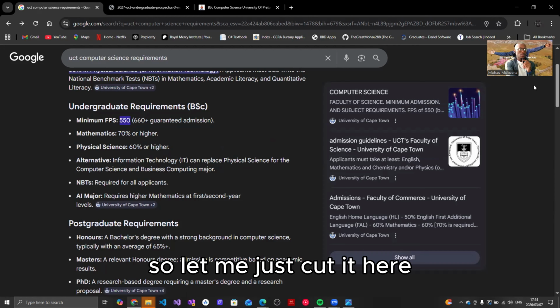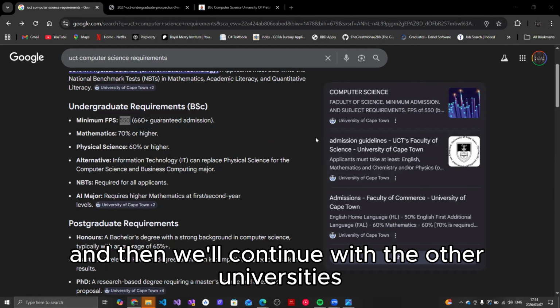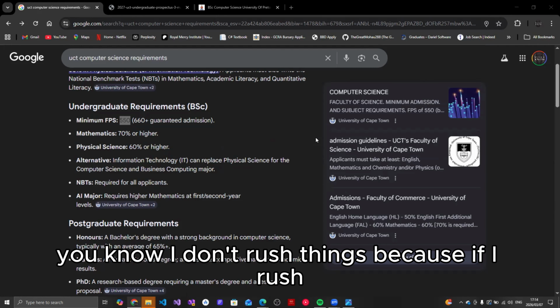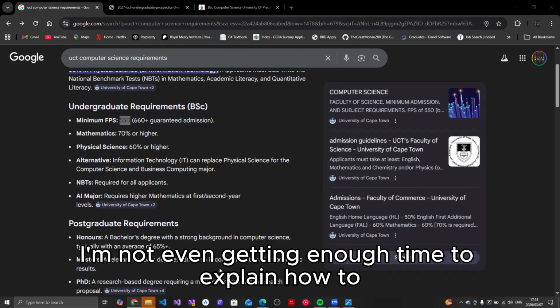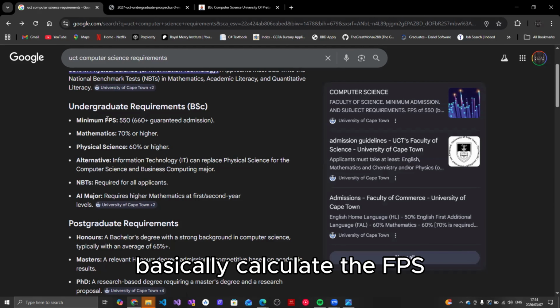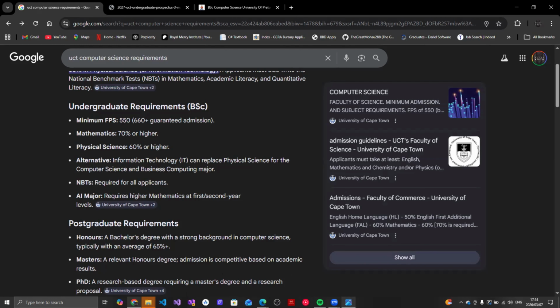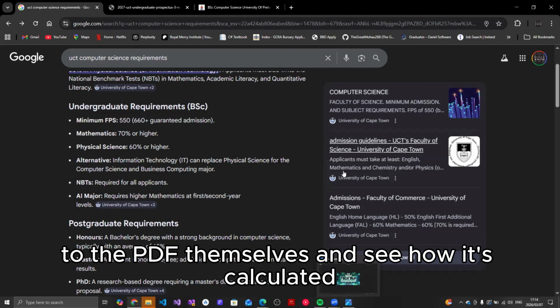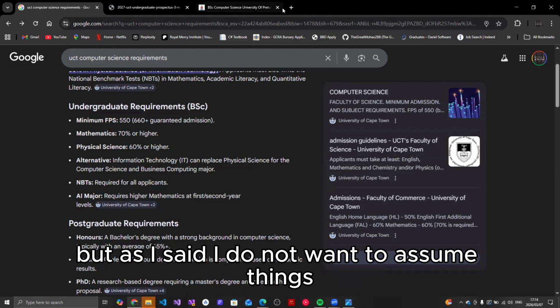So let me just cut it here and then we'll continue with the other universities next week so that I don't rush things, because if I rush, I'm not getting enough time to explain how to calculate the FPS. I know some people might be able to go to the PDF themselves and see how it's calculated, but as I said, I do not want to assume things.